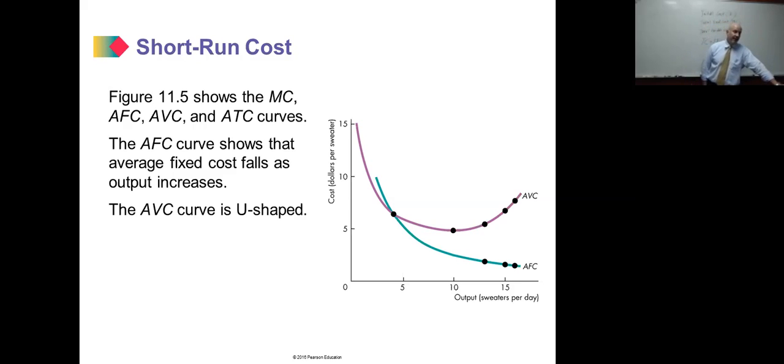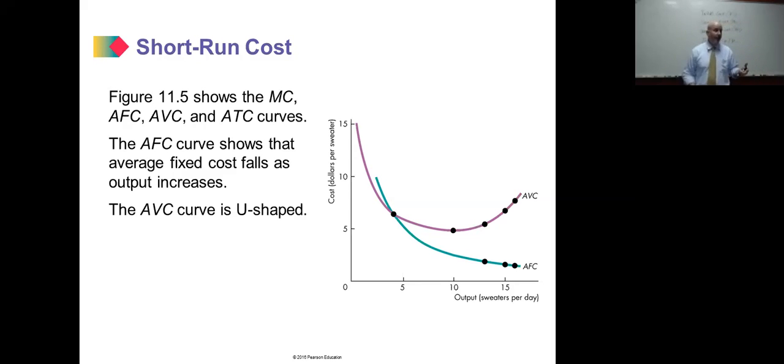Now think about that concept, it's fixed. So as we increase output, the average is going to decrease because we're taking that fixed amount and dividing it by a larger number of outputs. The average variable cost curve is U-shaped because in the beginning we're getting benefits from increasing returns in the short run, up to an initial period.